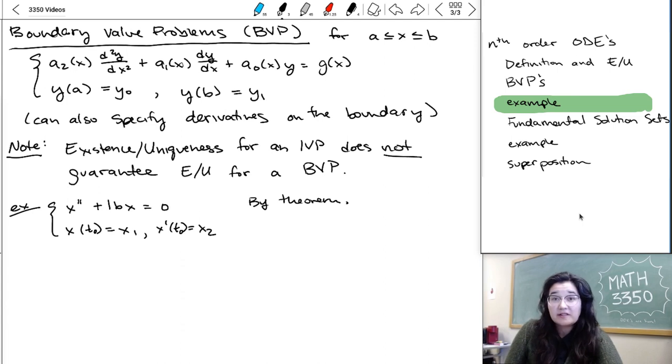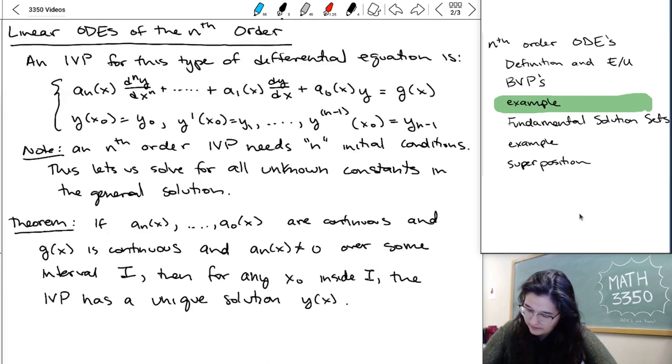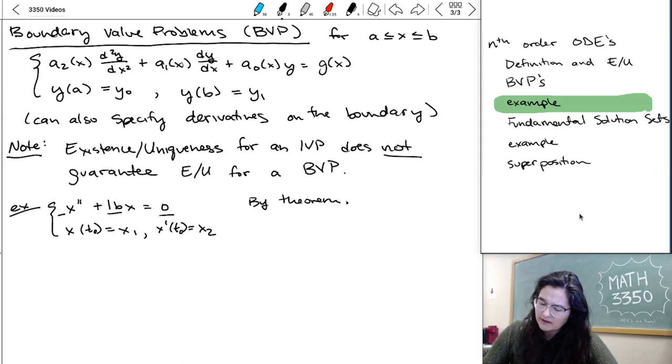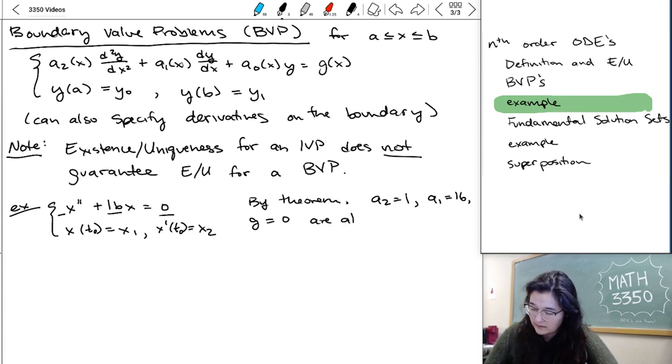But our functions that we care about are 1, 16, and 0. So that would be called a2 equals 1, a1 equals 16, and g equals 0. So those are always continuous.